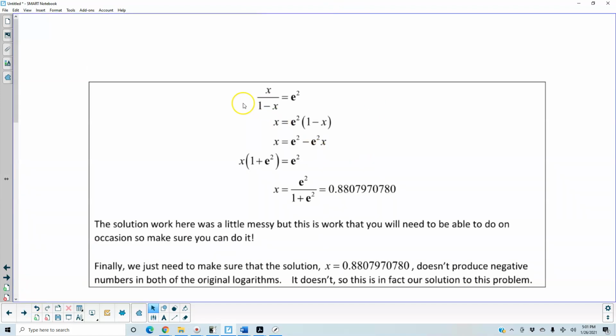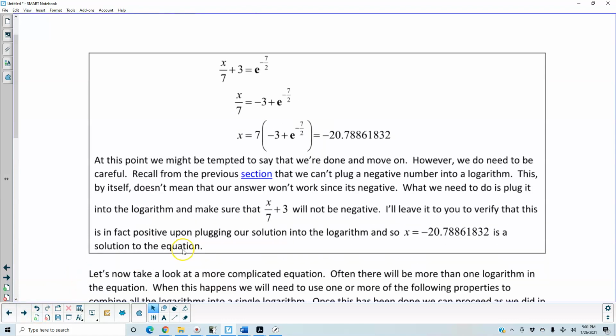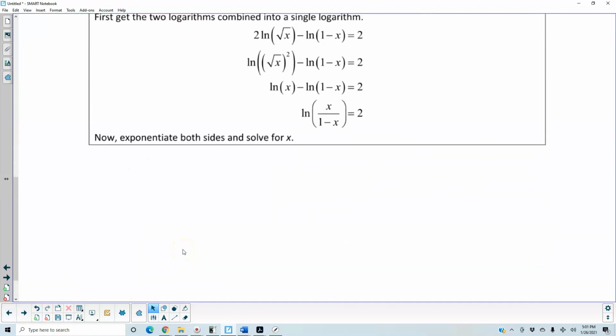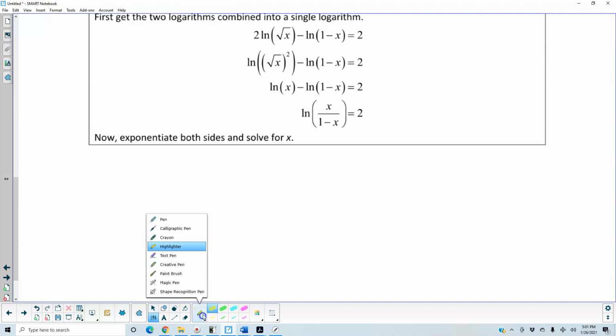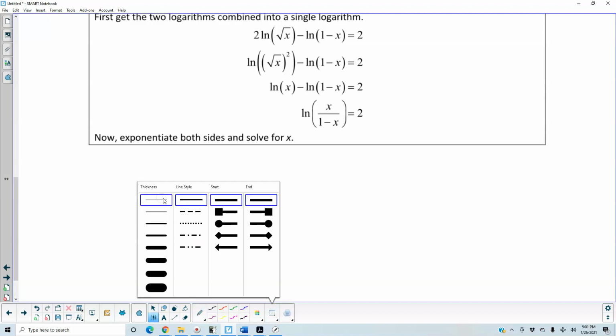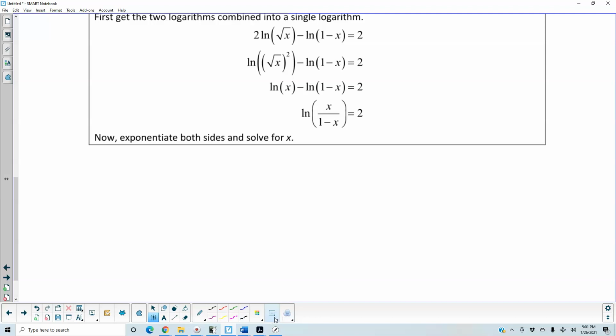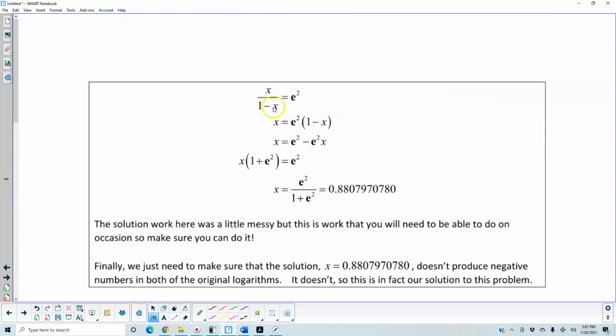So when we exponentiate, this becomes e to the natural log of x over 1 minus x, and that's going to equal e squared. And so from here, that becomes x over 1 minus x, which is equal to e squared.